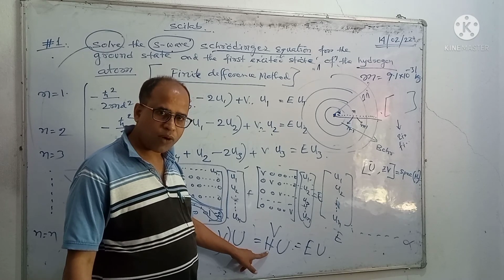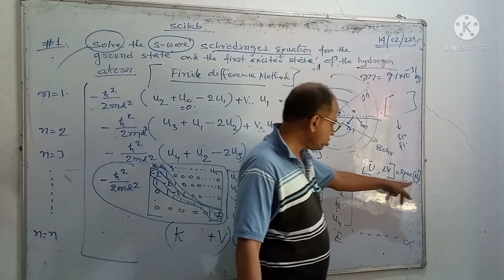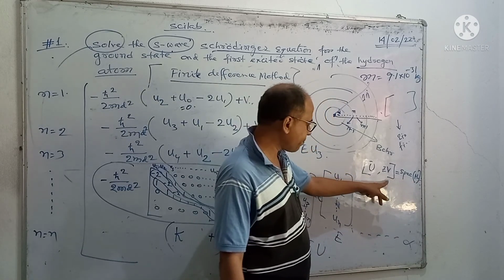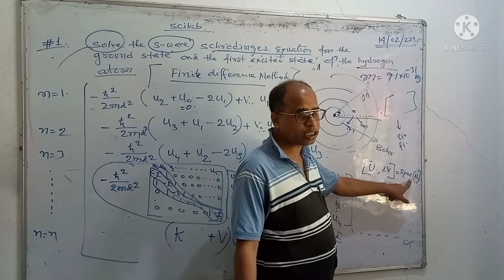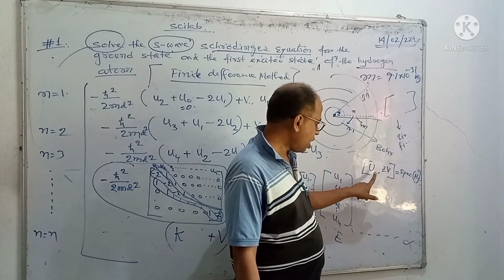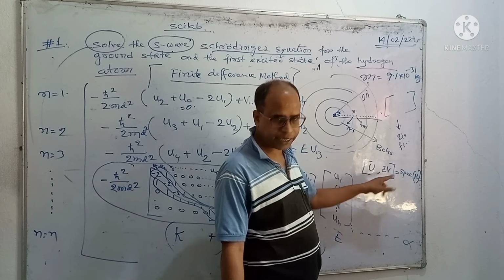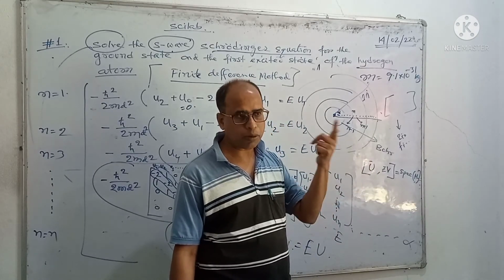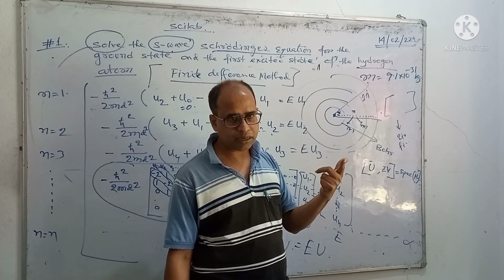Once you get the Hamiltonian matrix, use this command in Scilab, spec of the matrix. This command will give you eigenfunction and eigenvalue. That is your requirement. Solve means find the eigenvalue, find the eigenfunction.